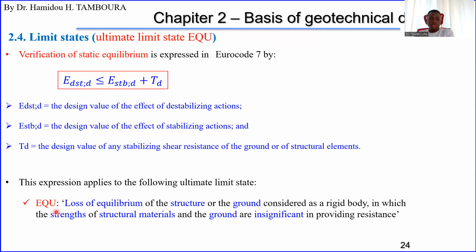This is used for loss of equilibrium of the structure, where the ground is considered as a rigid body and the strength of the structure, material, and ground are not significant in providing resistance. From this equation, you can check the equilibrium. Don't worry, we will take some examples on this one, and you will see that it's not that difficult.